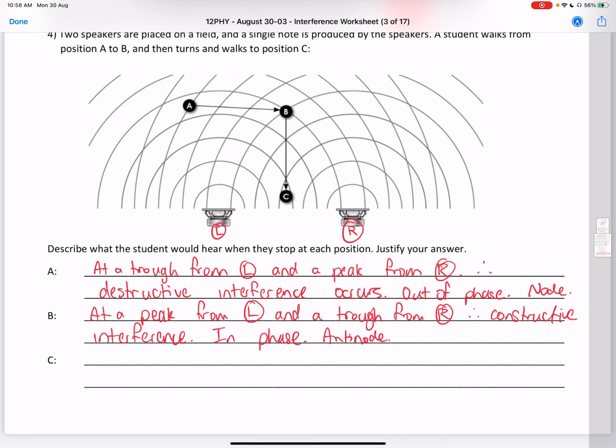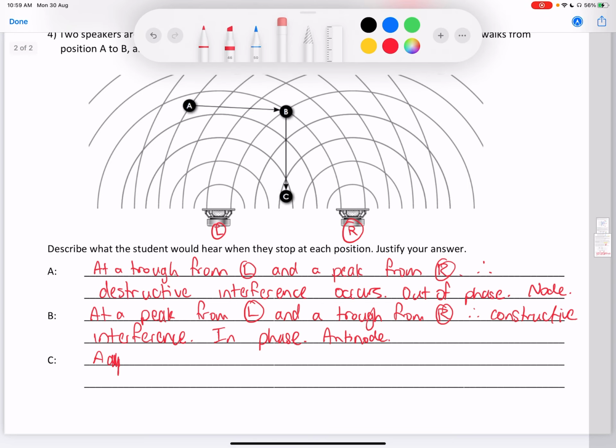And C, here we are at a trough from L and a trough from R. Therefore, constructive interference.